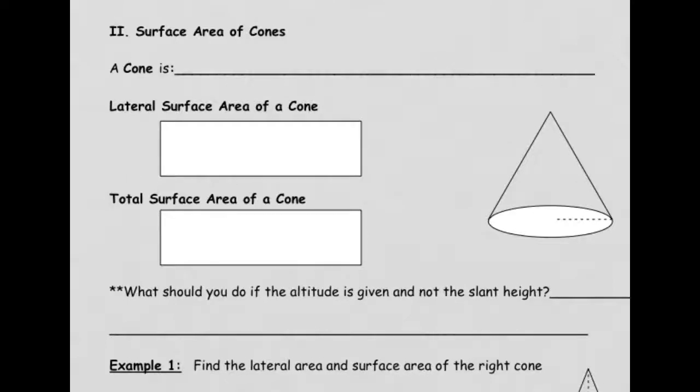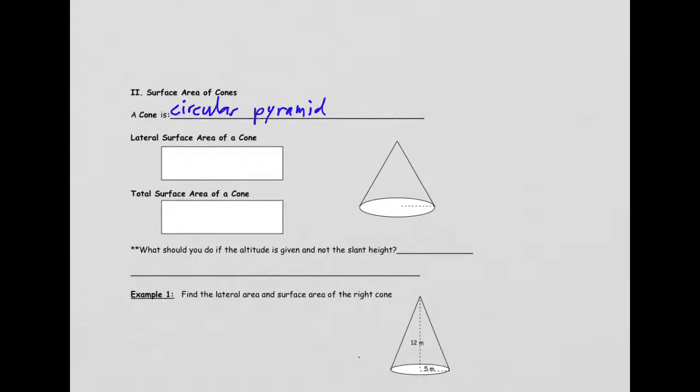So a cone is a circular pyramid. It's just a circular pyramid. It's got one circle base, and the lateral piece makes a single point.